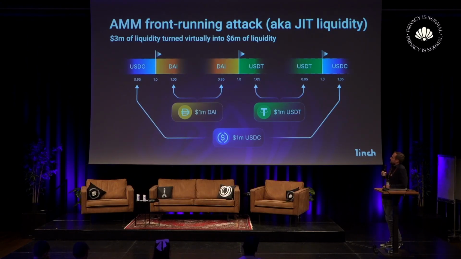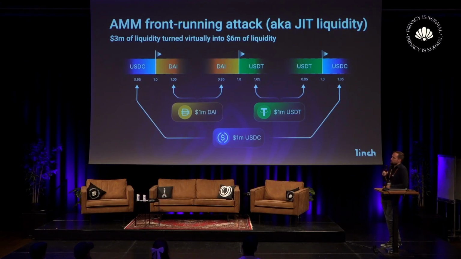Like if you have 10 different assets, you will have many more pools, and you will have a much better coefficient of liquidity. Like with 10 different assets, 10 million will probably turn into hundreds of millions of virtual liquidity. And this is already exploited by so-called JIT liquidity bots.